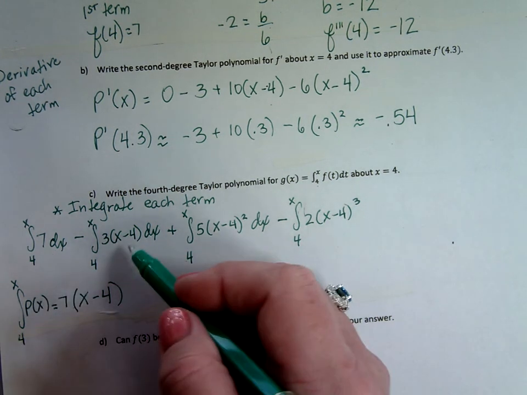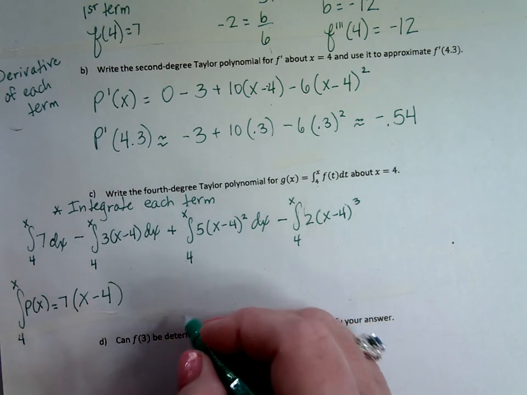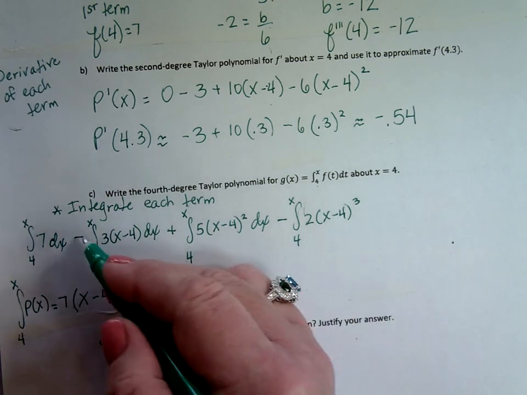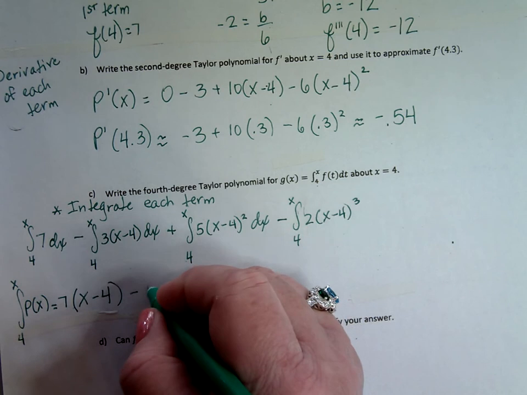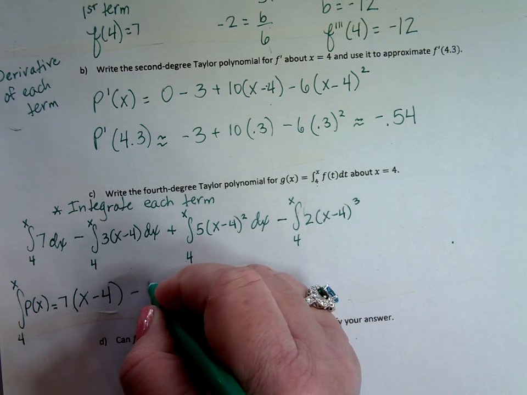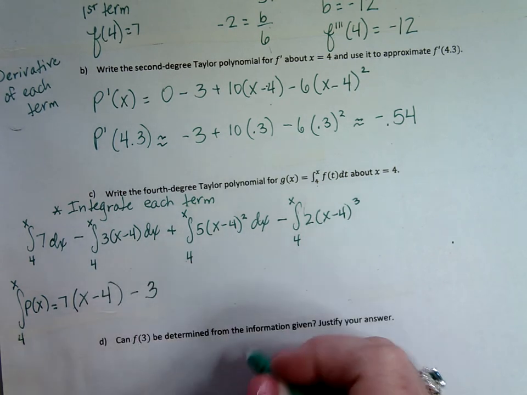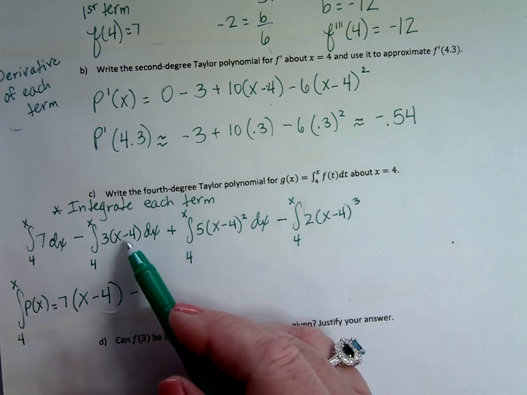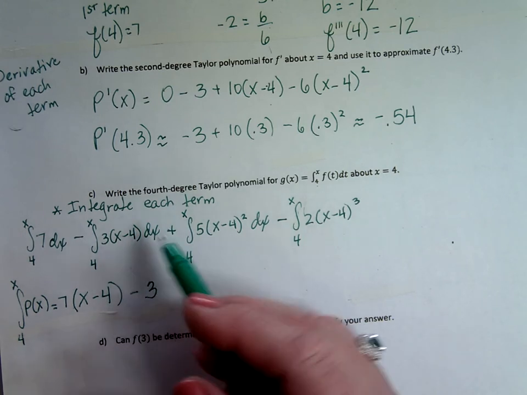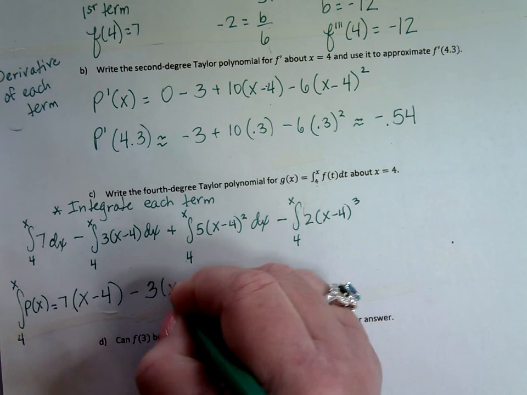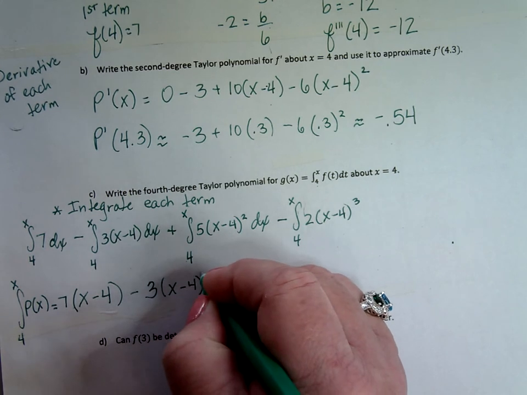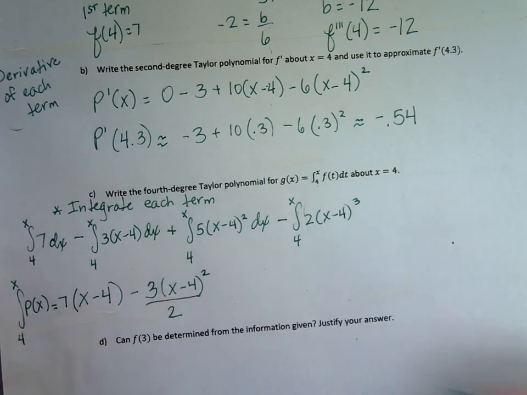It's going to be minus, for the minus. The 3 comes out of the integral. And if I take this grouping to one more power, power rule, take the group to one more power and divide by that power. That's what you're doing with these guys. Next one's going to be plus.